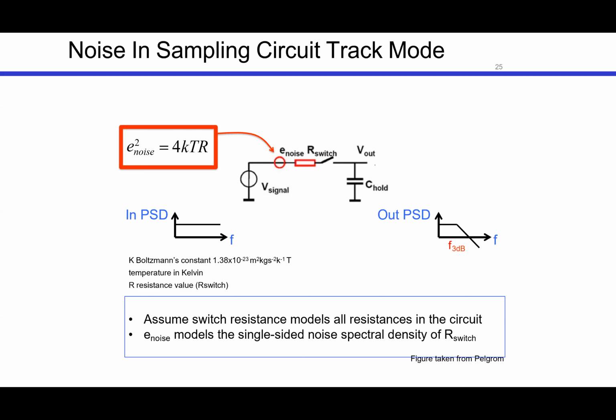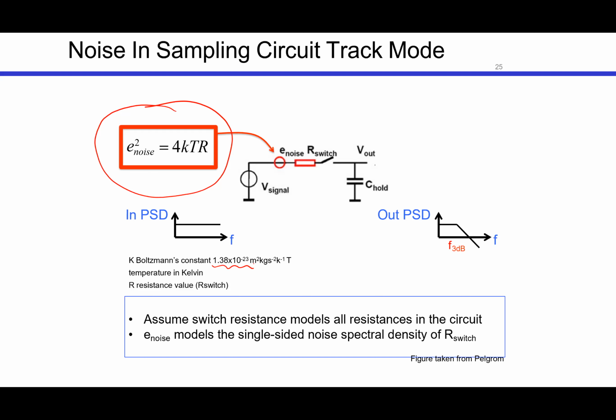Now this on resistance has a thermal noise, and the mean square of this noise is 4kTR. K is the Boltzmann constant, with the value 1.38 times 10 to the power minus 23. T is the temperature in Kelvin, and R is the value of this resistance in ohms.